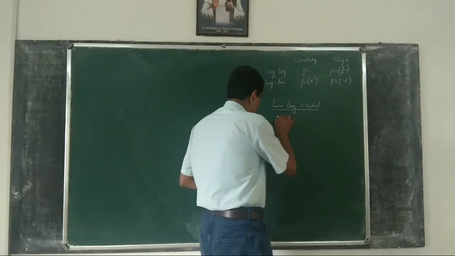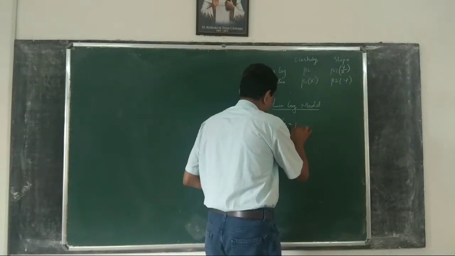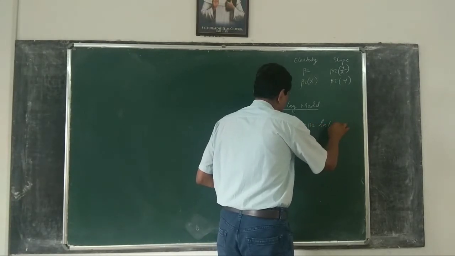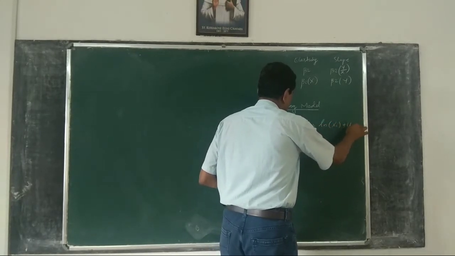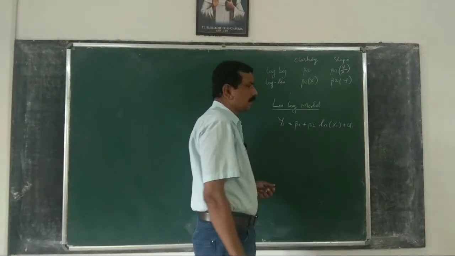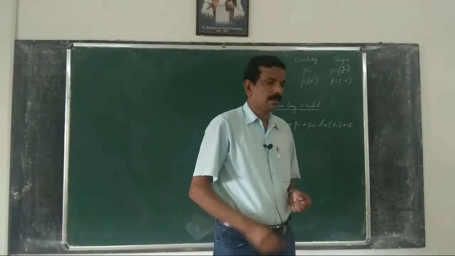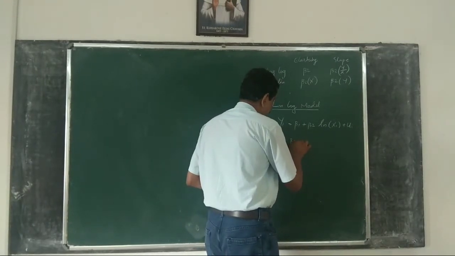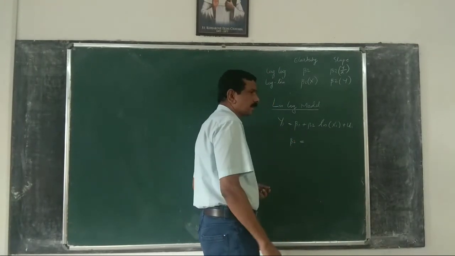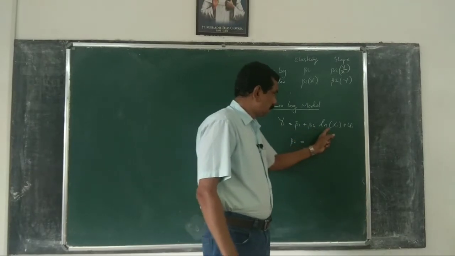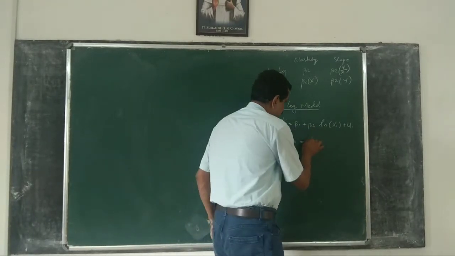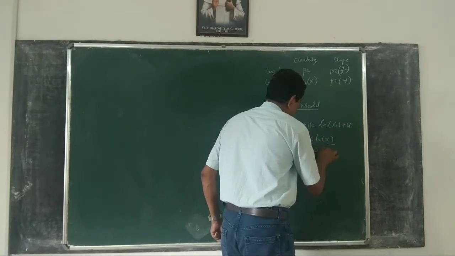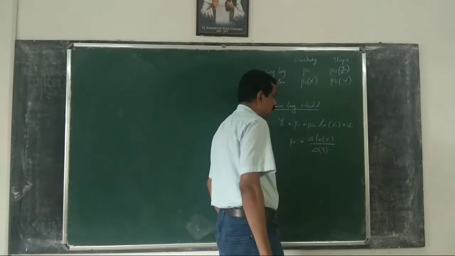The model can be written as y_i = beta 1 + beta 2 ln x_i + u_i. Now, the slope coefficient beta 2 is equal to delta y by delta ln x.